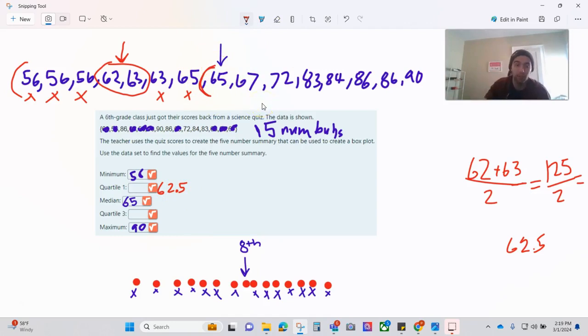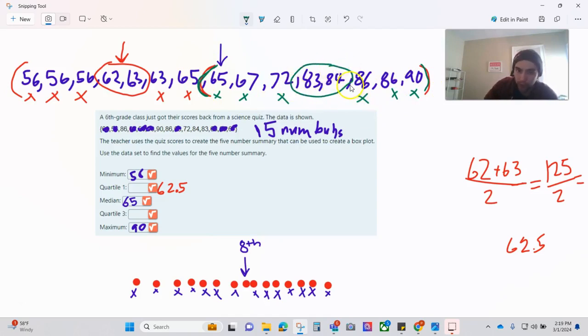To find quartile 3, it's very similar, but we do the top half. And since our median was a number, that is included in our top half. So what is the middle of the top half? Let's see. We cross 1 off on each side. Oh, looks like we got 2 middle numbers again.